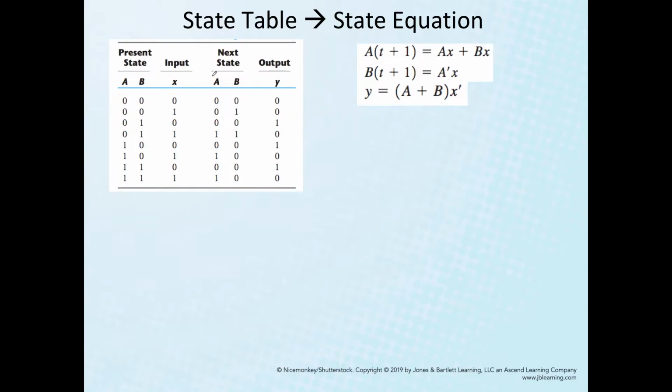So this one is A(t+1) on the next clock tick. The A(t+1) function is based on those 3 inputs, so we can derive a K-map for that.